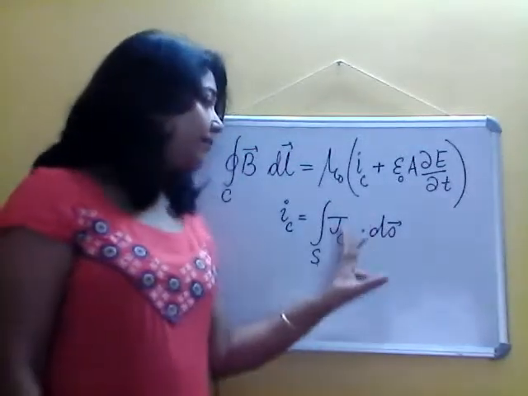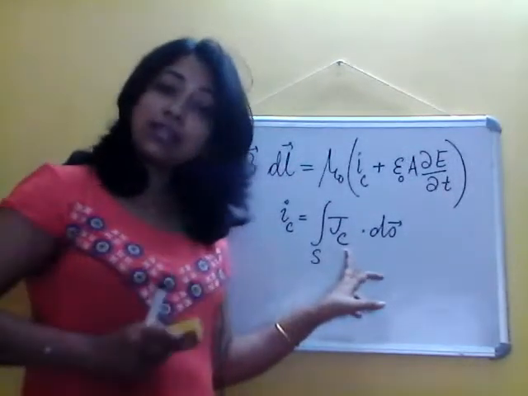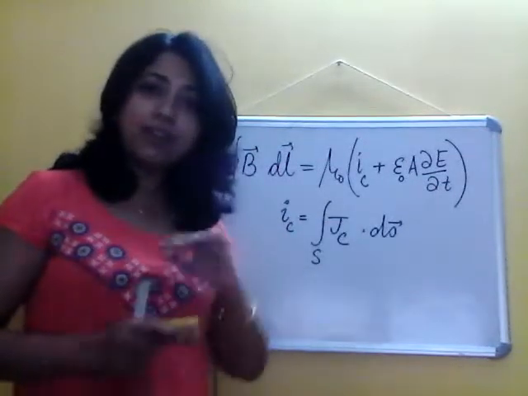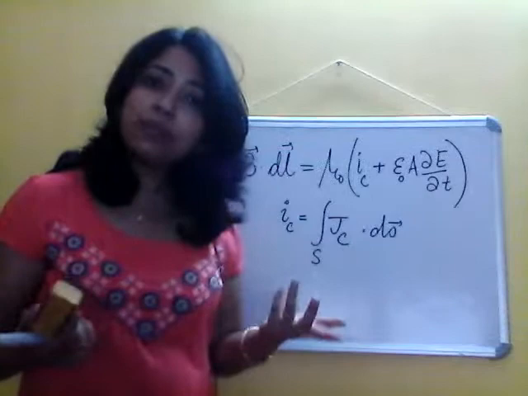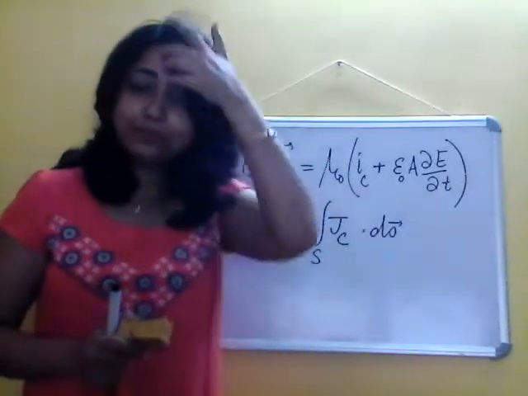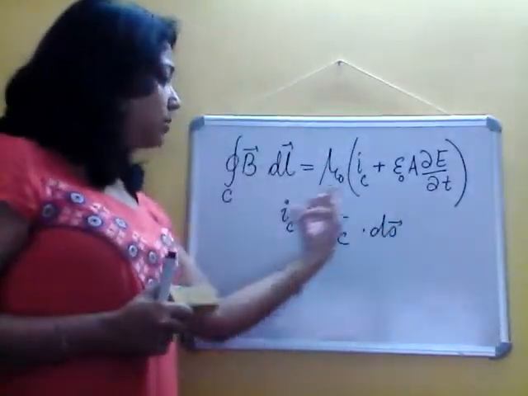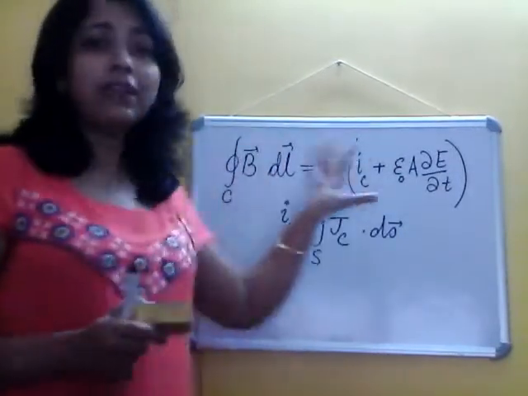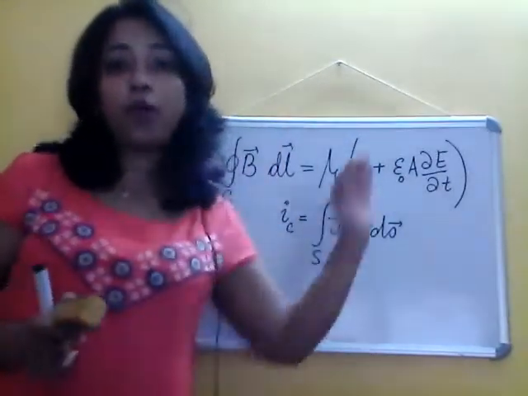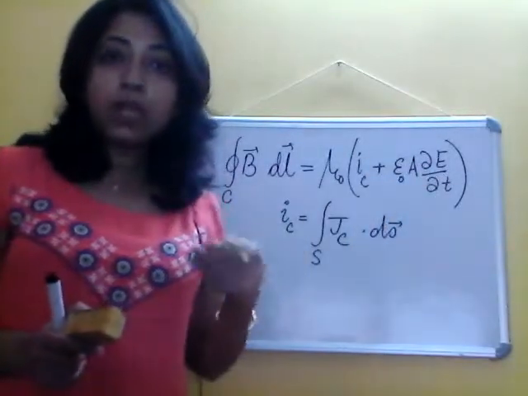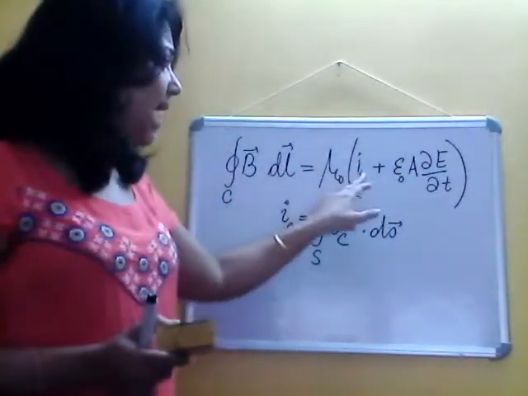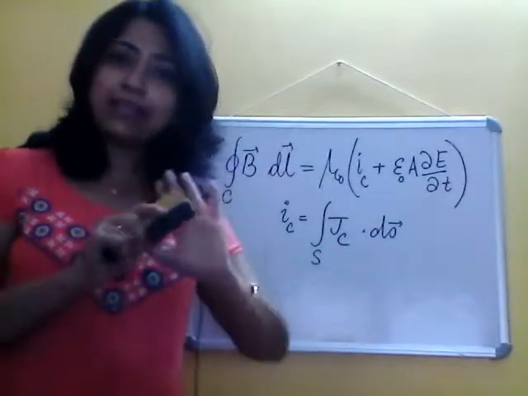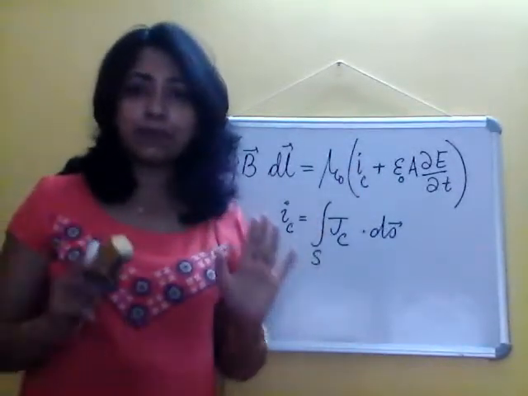What we have done? We have taken the surface charge density and multiplied it with the surface. So that will give me my total current, right? Just because I am trying to write down the integral form of Maxwell's fourth law, this IC I am writing again in terms of an integral, so that uniformity is maintained.